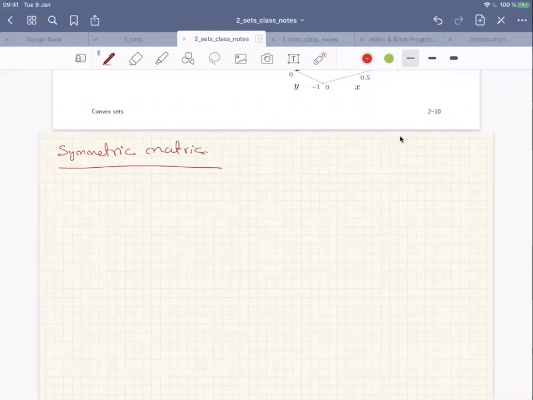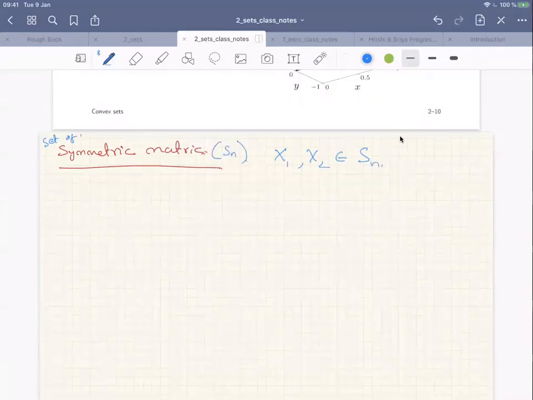So what we are taking is the set of symmetric matrices, right? Let's take two matrices x1, x2 belonging to Sn. That means we can write x1 transpose equal to x1 and x2 transpose equal to x2, because they are symmetric.